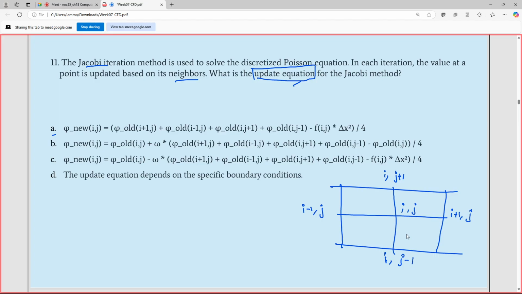So this is the grid, and also take old as n minus 1 and new as n. Then it will be easy to answer the question. Try to answer the question.